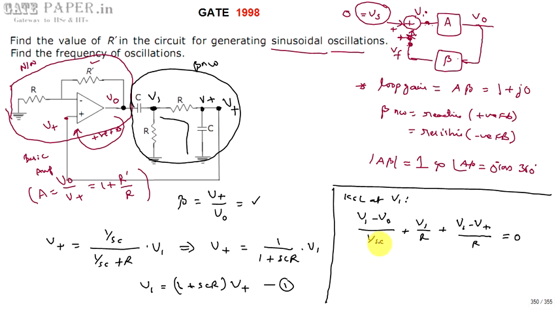From this, 1 by SC gives SC times (V1 minus V0), and taking R common, it becomes SCR times (V1 minus V0) plus 2 times V1 minus V plus is equal to 0. Okay, so I am writing this neatly.